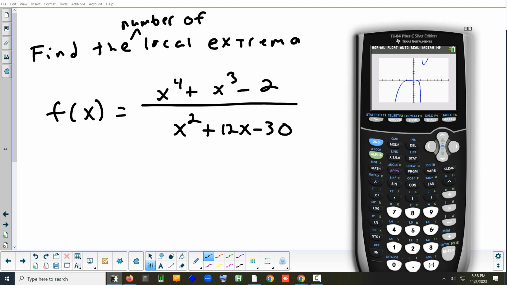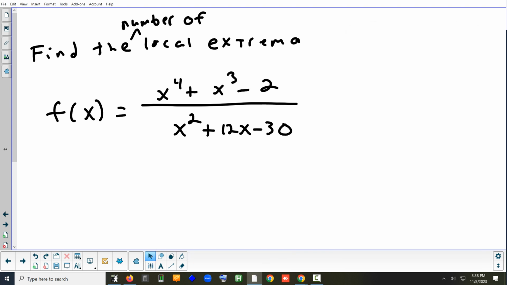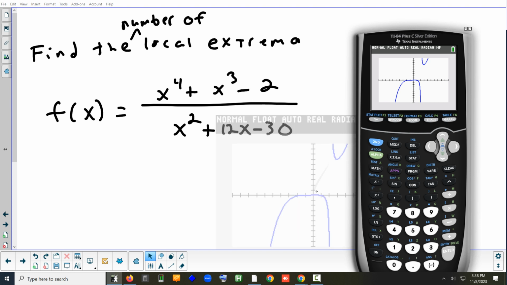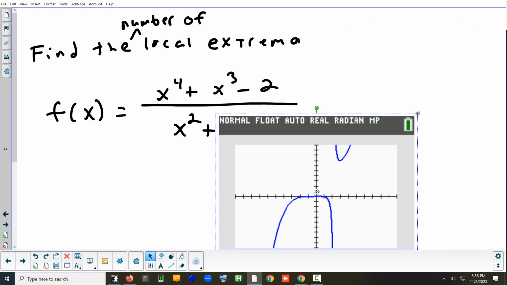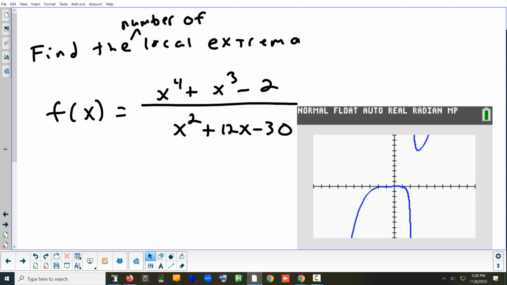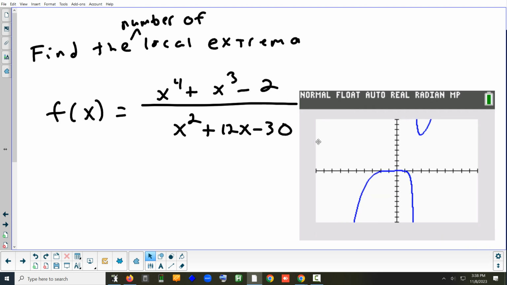Okay. So, what do you think? How many local extrema does that have? Might have 2. I'm not really sure what's going on the y-axis.